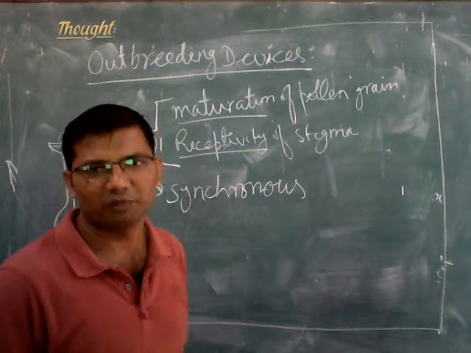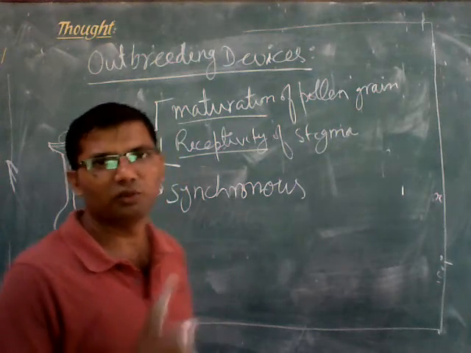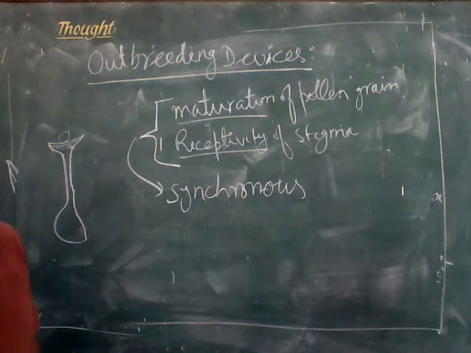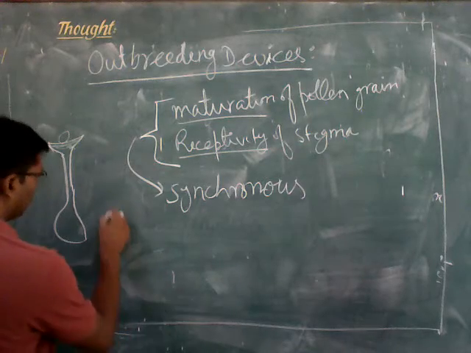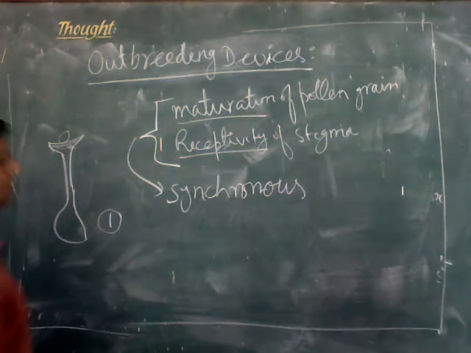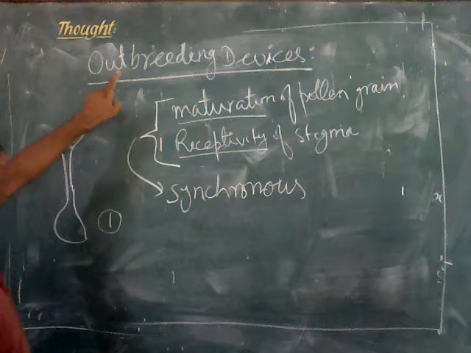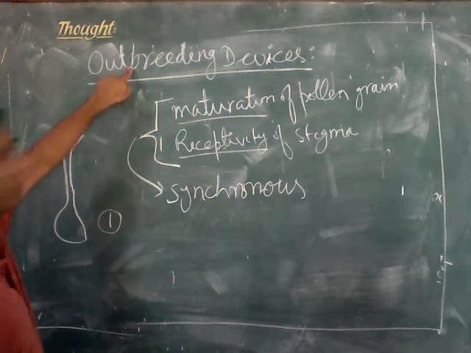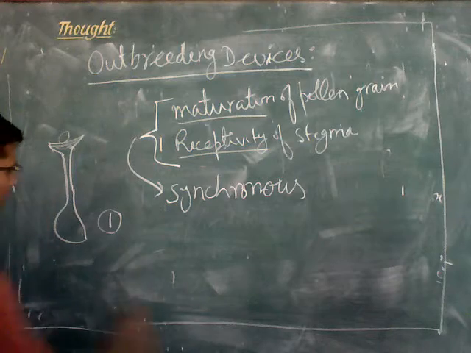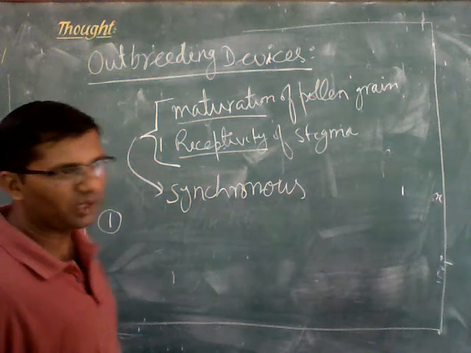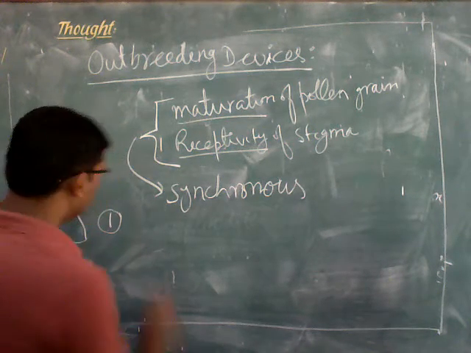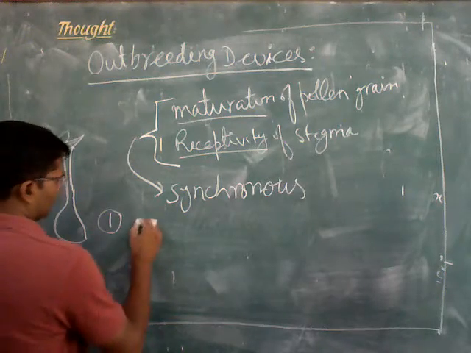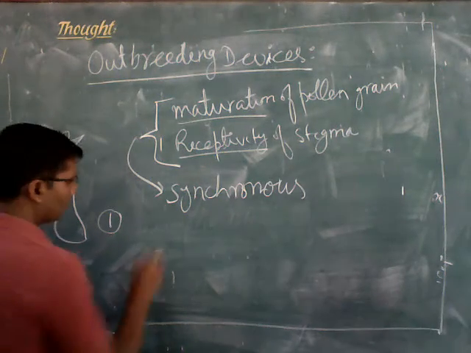If synchronous development is not there, there will be no self-fertilization. So this is the first point: to avoid self-pollination and to perform outbreeding in the bisexual flower, the first important point is that they should be synchronous.